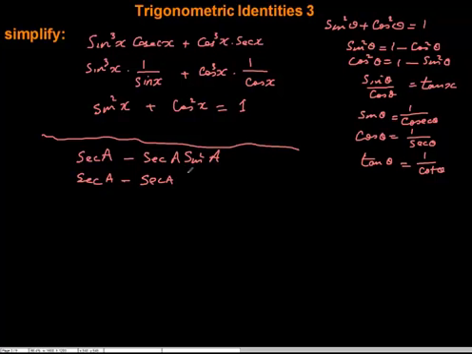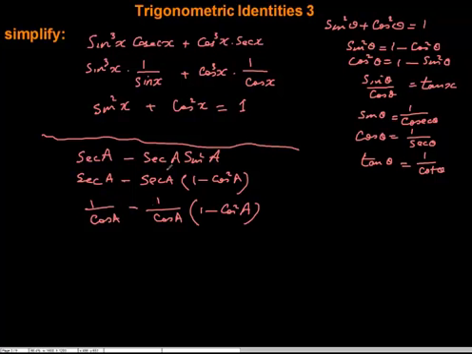Sine squared can be 1 minus cos squared a, isn't it? So sec a can be written as 1 over cos a, take away 1 over cos a again, and 1 minus cos squared a.